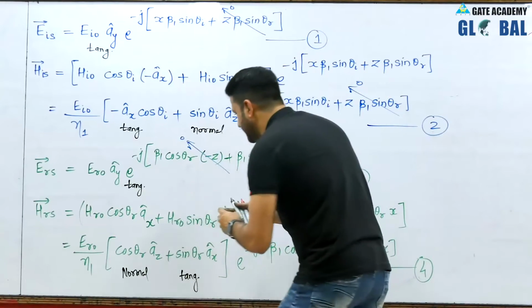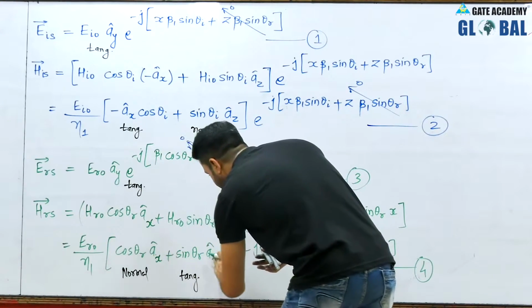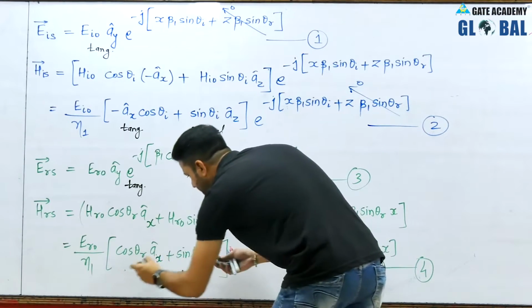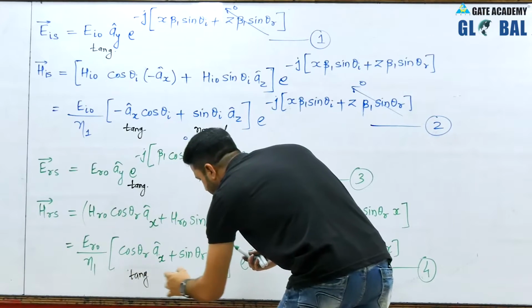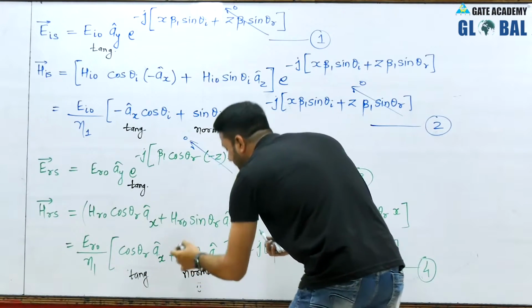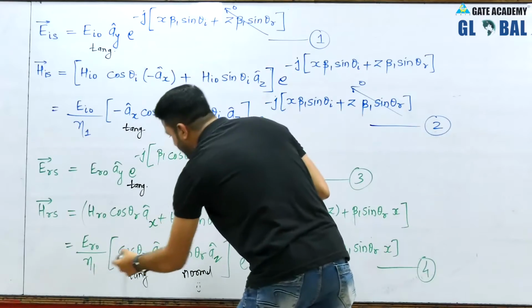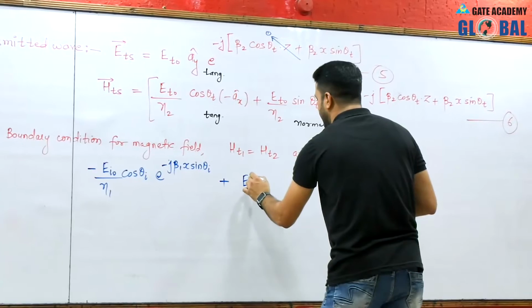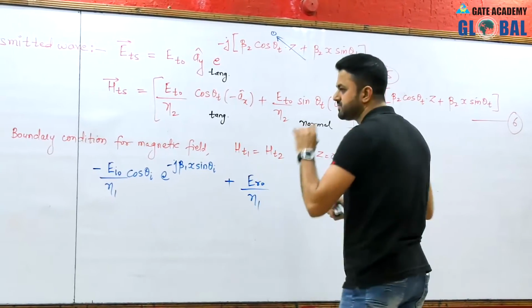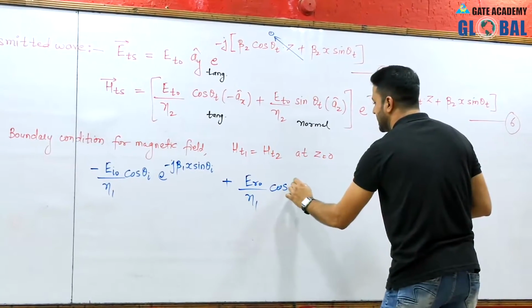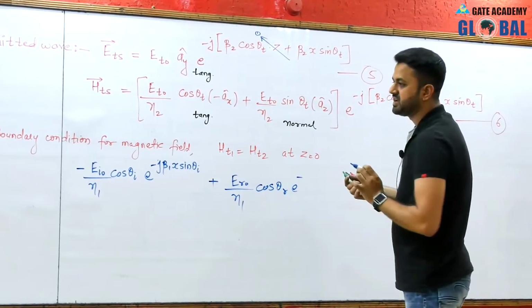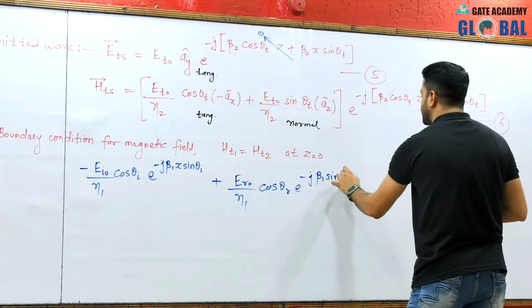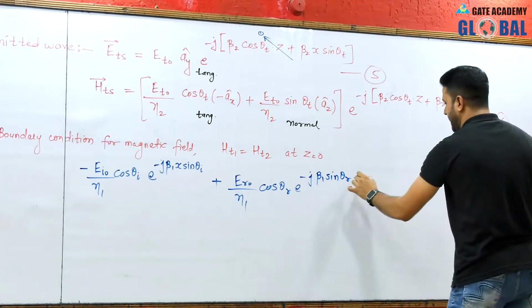So this is the cos component which is in x direction and this is in z direction, so this will be changed. Now this will be the tangential component and this would be the normal component. So we have to take the tangential component, so this is ER0 divided by eta 1 cos theta r, and e to the power, if z is 0, minus j beta 1 sin theta r into x.